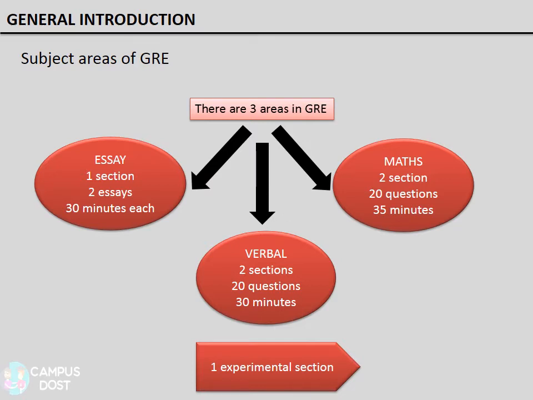In math, there will be two sections with 20 questions, and it will take 35 minutes. There is one more section, which is an experimental section or undefined section. This section does not contribute to your score, but you will not know which one it is. The section could be a verbal or a quant section.